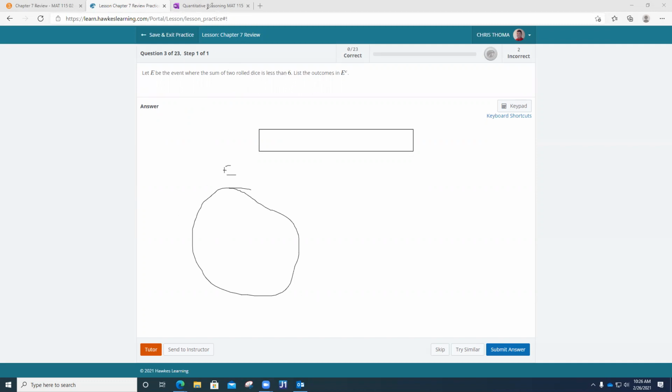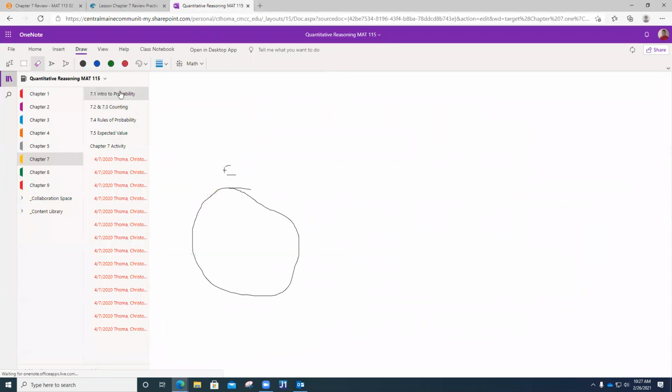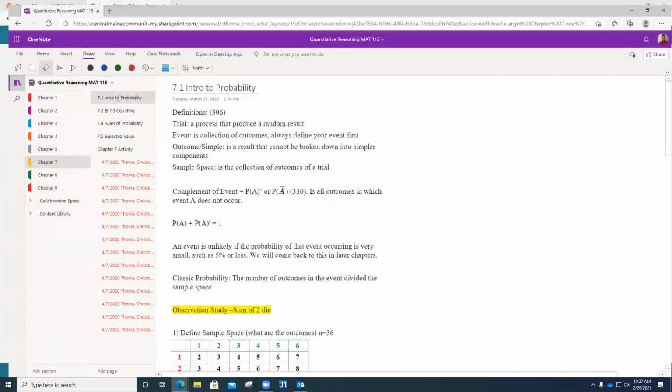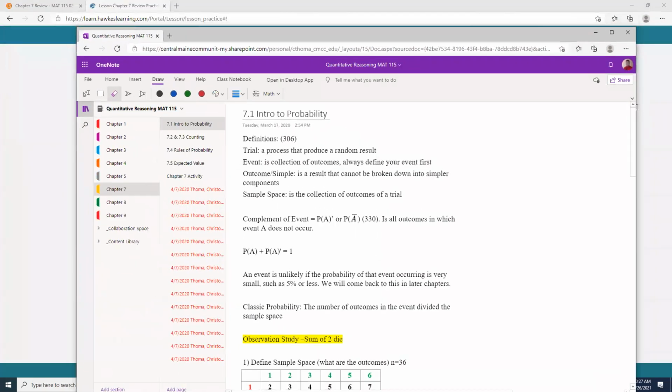Actually, to save me some time, I'll go back to my OneNote here. Annotate. Get rid of my drawing here. We'll bring up both screens because it'll be a little easier to see.